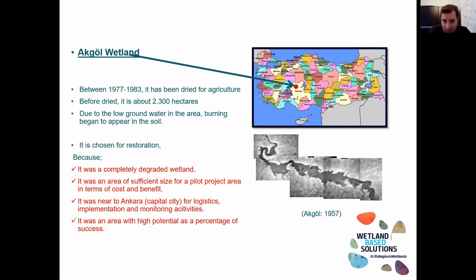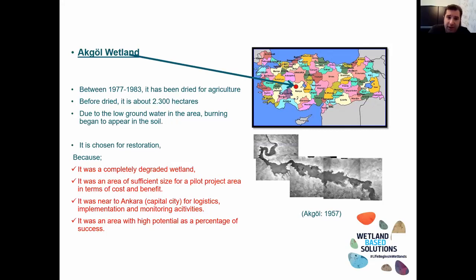Why we chose this area for restoration is that 10 years ago we had a climate change project, and the project consisted of two parts. One part is adaptation to climate change, and the second part is mitigation of climate change. We needed a pilot project area for the mitigation part, and we chose that wetland because it was a completely degraded wetland.